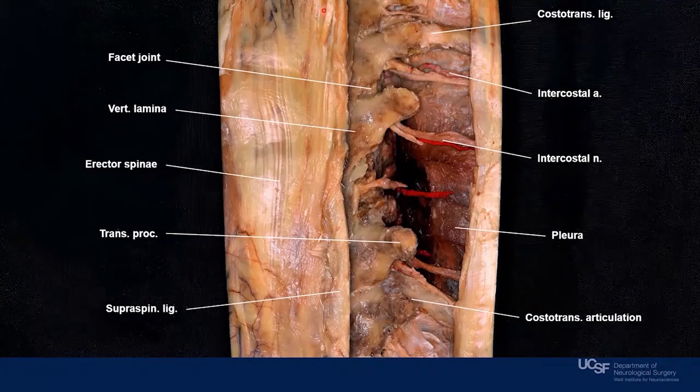The thoracic aorta lies at the mid left parasagittal portion of the vertebral body, meaning that the right intercostal artery has a longer course compared to the one on the left side. We can also see that the intercostal artery travels along with the intercostal nerves that, as we mentioned before, are going to be traveling over the superior edge of the rib.